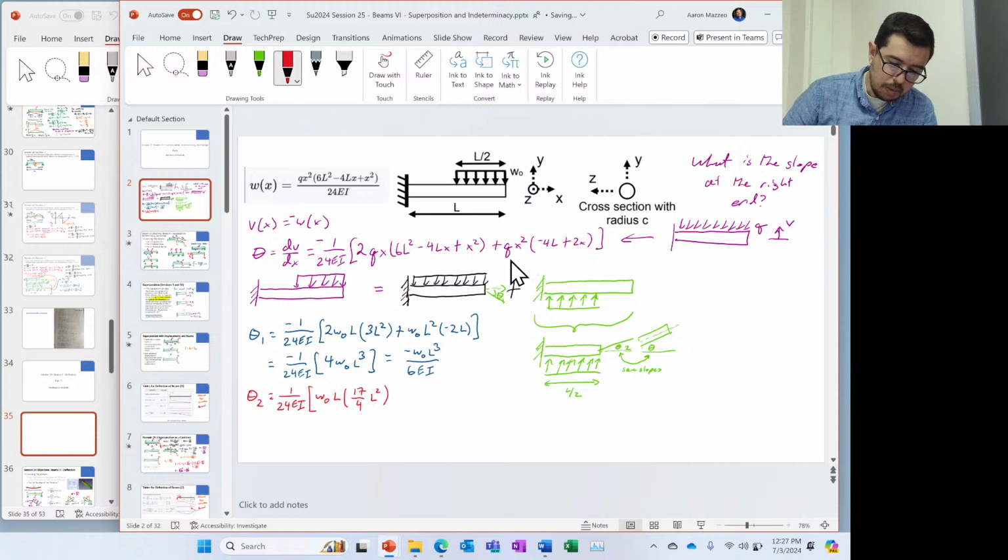And then I've got a plus W0 L squared over 2, or L over 2 squared. So L squared over 4. And this is 2 times L over 2. That's 1, so it's going to be minus 3L.